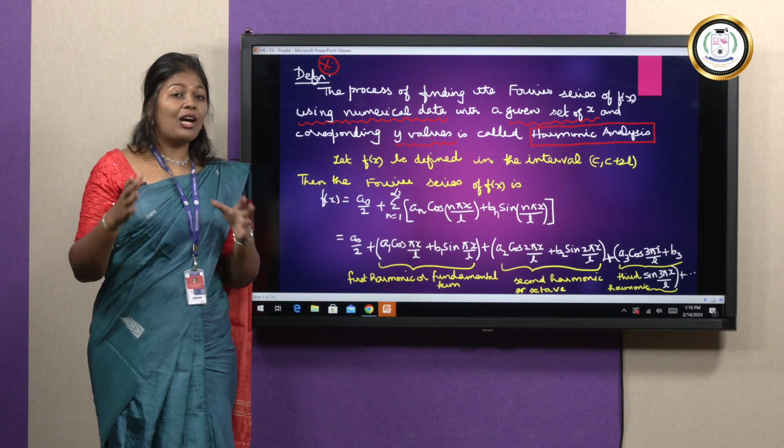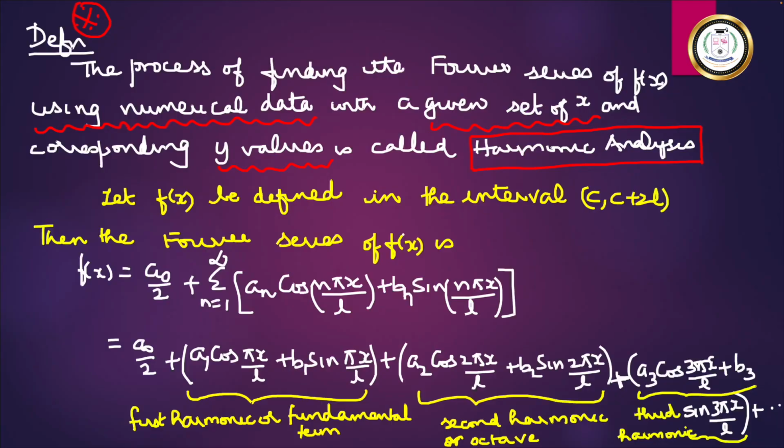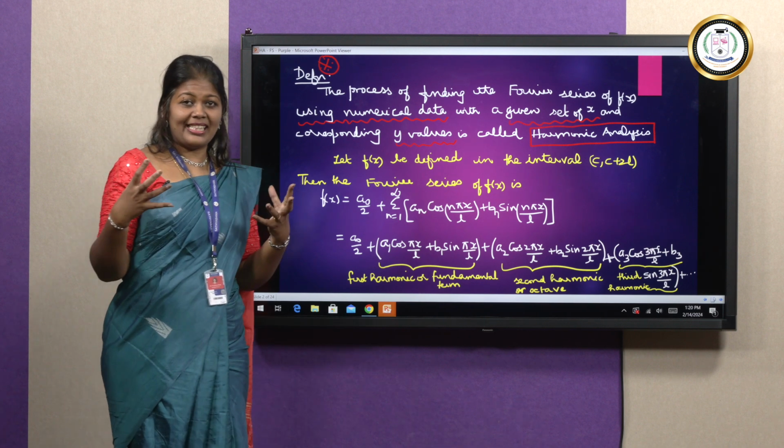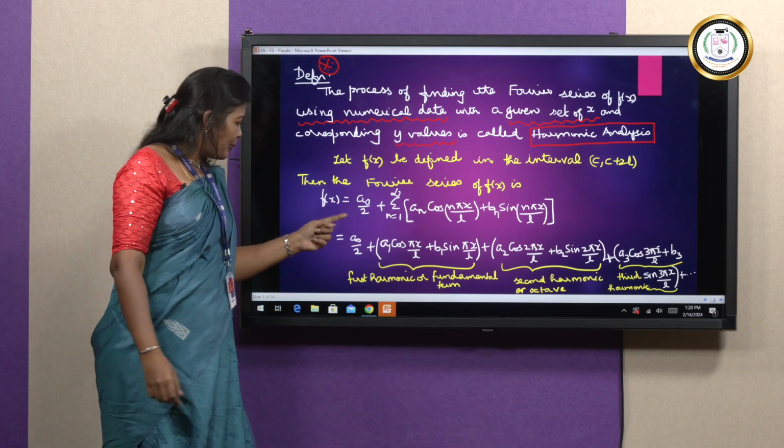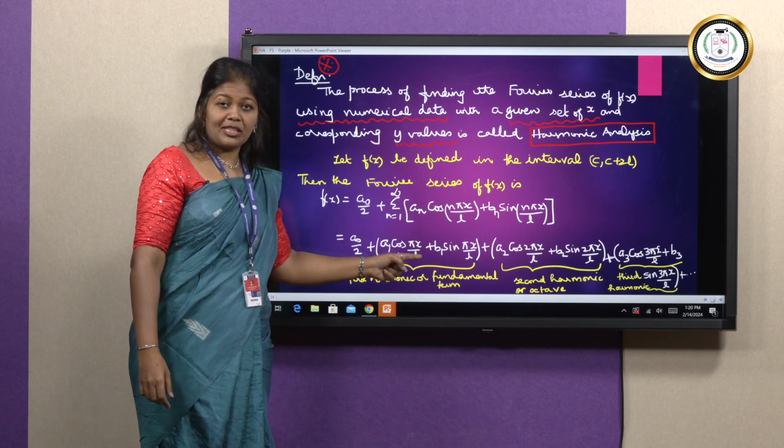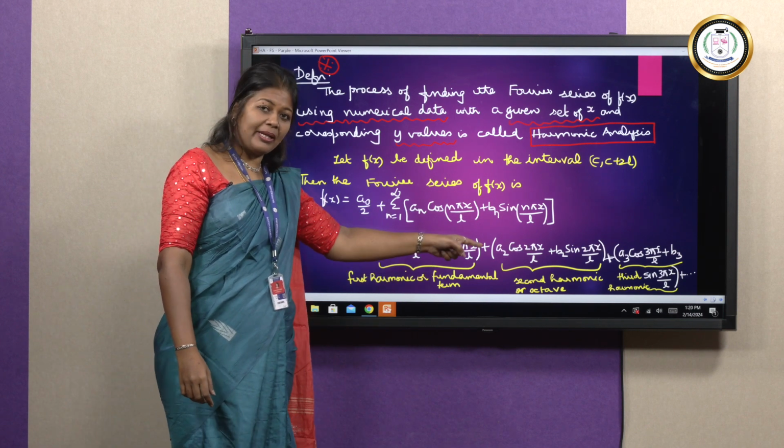For a general interval c comma c plus 2l, how do you define the Fourier series? f of x is equal to a naught by 2 plus sigma n equal to 1 to infinity a n cos n pi x by l plus b n sin n pi x by l. When you expand this series, putting n equal to 1 you get a1 cos pi x by l plus b1 sin pi x by l.